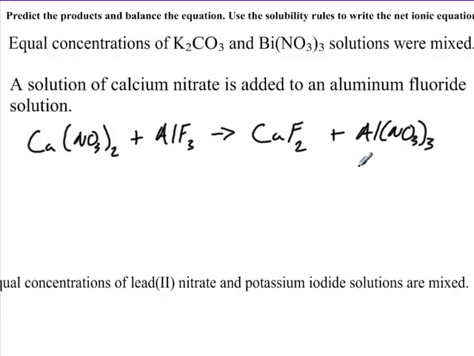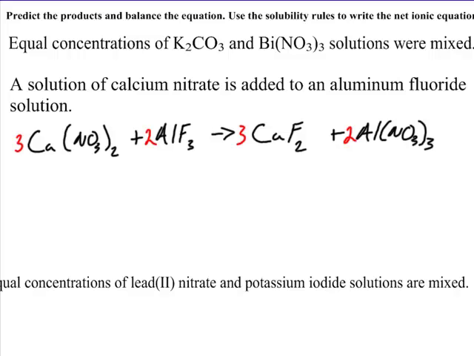All right. So let's go ahead and balance this thing. I'm going to put a 3 here, a 2 here, a 3 here, and a 2 here. All right, so now we've got a balanced equation.